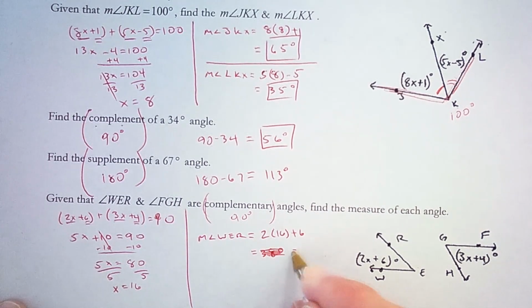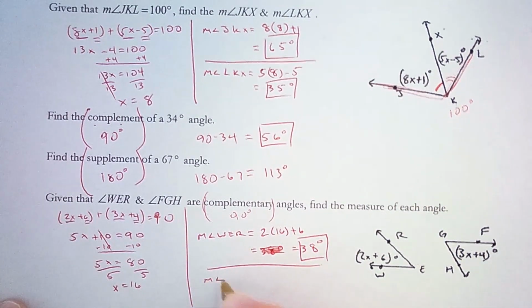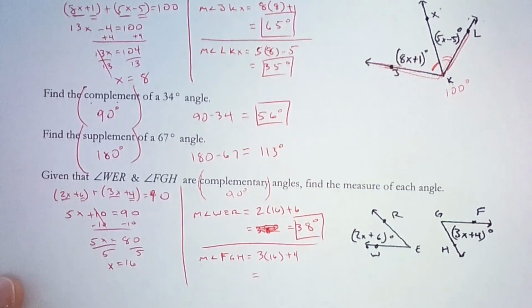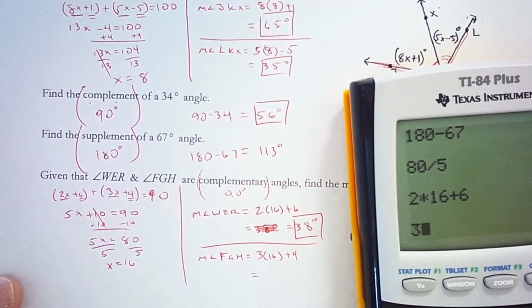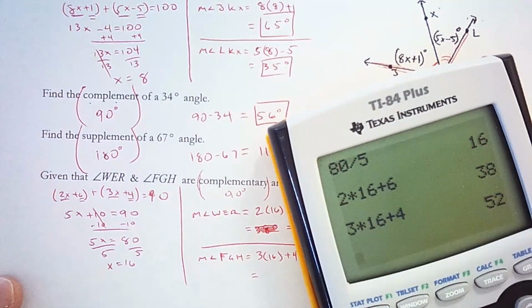I'll just rewrite that. 38 degrees. Then the measure of angle FGH is 3 times x plus 4, so that's 3 times 16 plus 4. 3 times 16 plus 4 is 52.